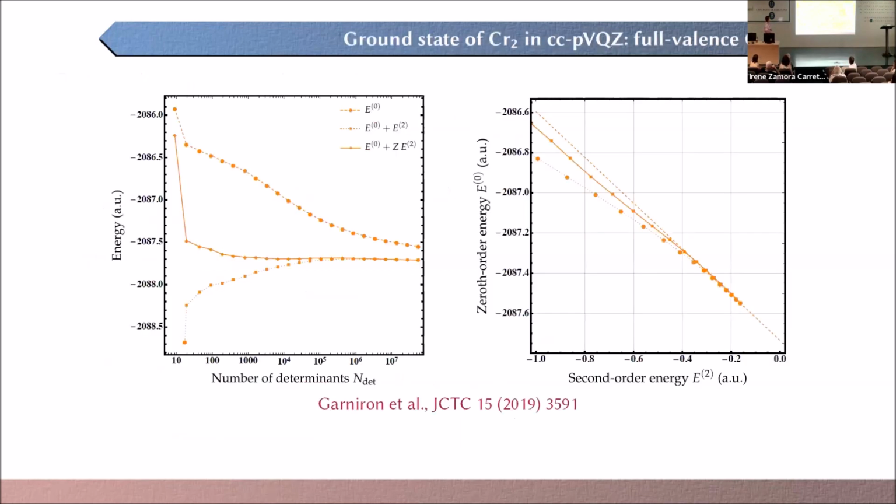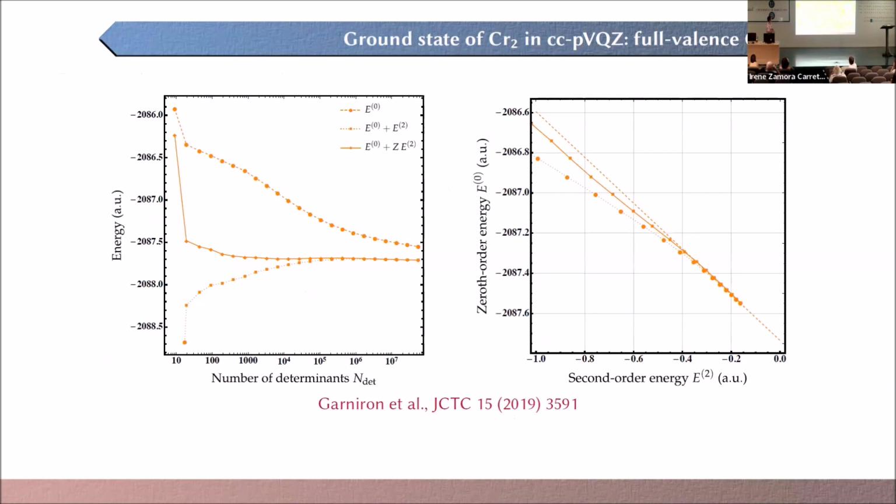So how does it work? You remember that's the same example as before: energy as a function of number of determinants. Here is my variational energy, and here, for example, it's the variational energy plus the second order energy. So you see that it converges much faster.